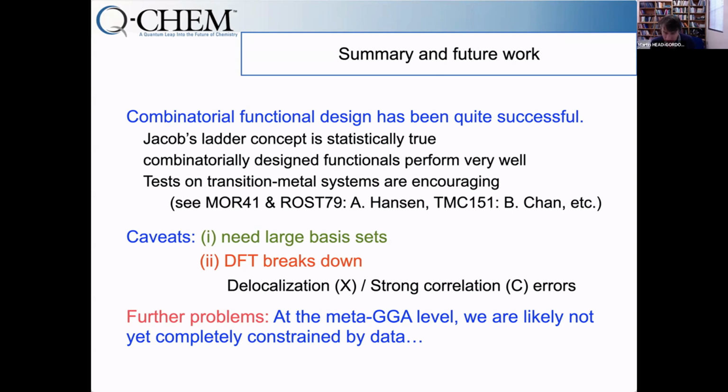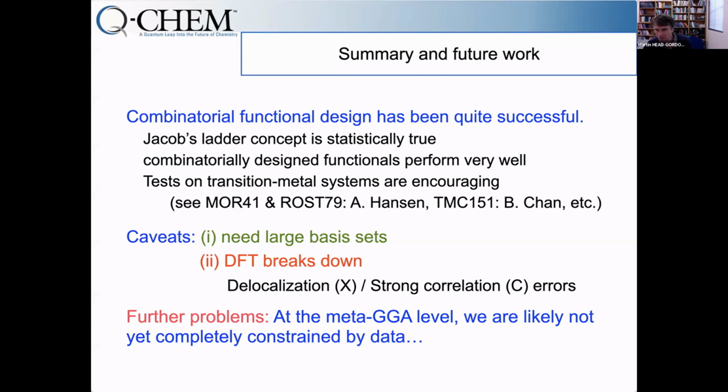We've demonstrated that error cancellation happens beautifully for non-bonded interactions, but it does have failure modes, and if an odd electron is subject to delocalization error or strong correlation error, then we should not expect DFT to be adequate.